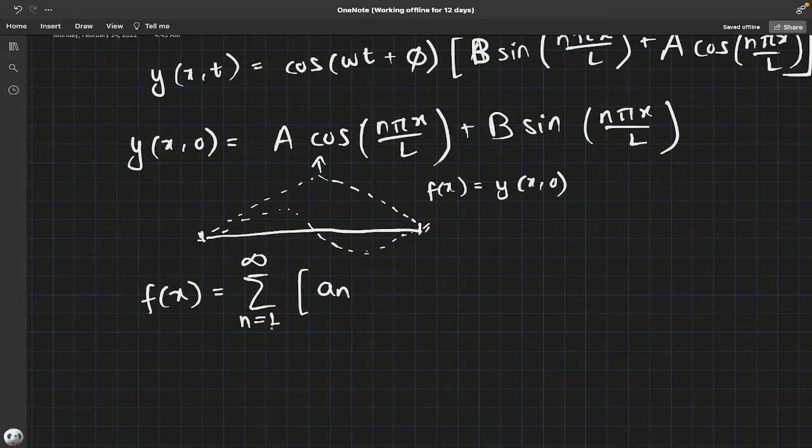So we're going to sum from 1 to infinity because we don't know what frequency or what the periodicity inside should be. So we just sum over all of them, and then whatever the periodicity is, we can work our way from there.